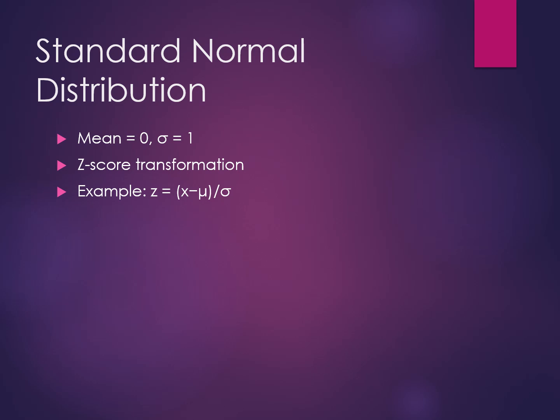The standard normal distribution is a special normal distribution. It has a mean of 0 and a standard deviation of 1. We use it to compare values easily. For example, it helps to understand how good or bad a test score is compared to others.